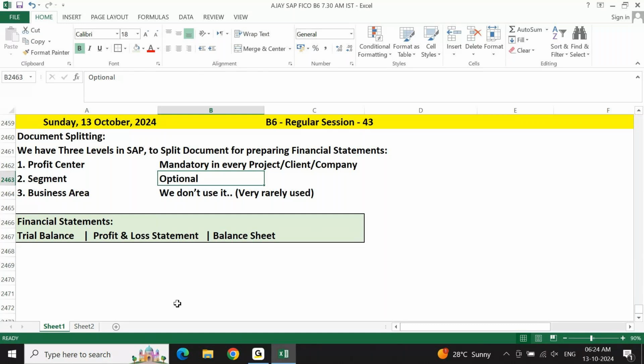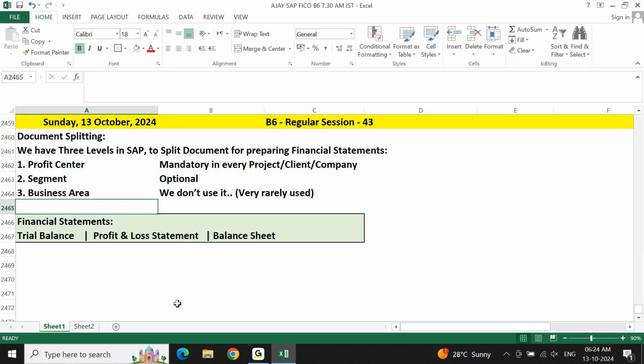Segment level is optional. Whether you tell or you do not tell, it is still okay. But if you are comfortable, you can mention, yes, we activated document splitting at two levels, profit center level and segment level. This is fine. But business area, do not mention anywhere. Upfront, you can tell that in our project, in our client, we are not using business area level document splitting. This is okay.